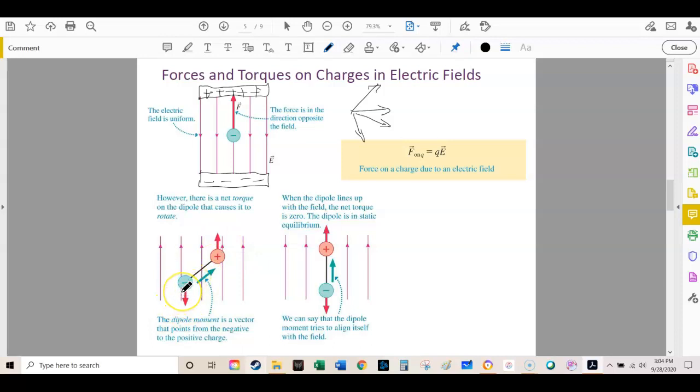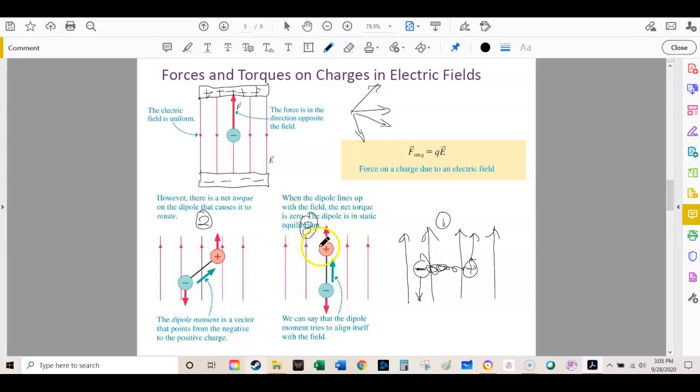So what happens is, I suppose I should draw it, an electric field pointed up, and a negative charge right here and a positive charge right here, and they're held together by a really strong bond. This negative charge is going to be moving down and the positive charge is going to be moving up. So this is what's going to happen first, this is what's going to happen second, and this is what's going to happen third. So it's going to begin rotating until it swings back and forth.